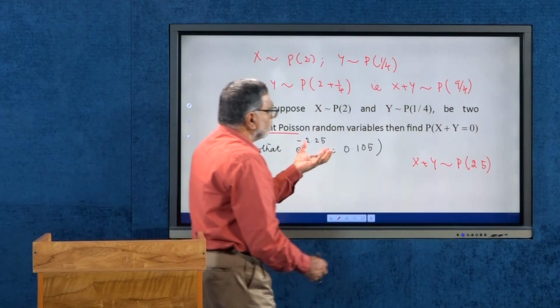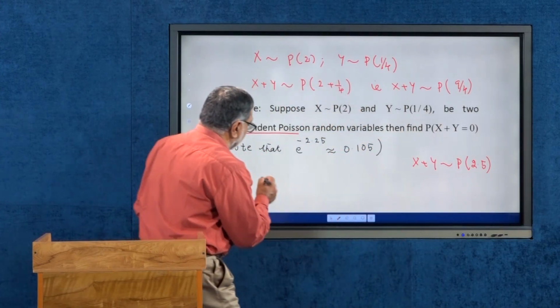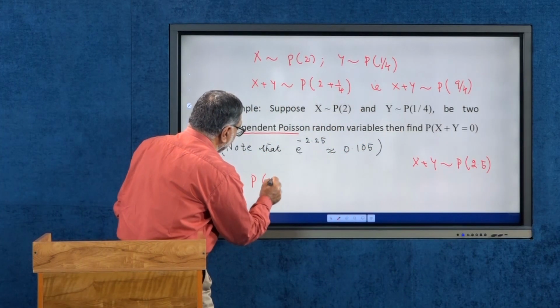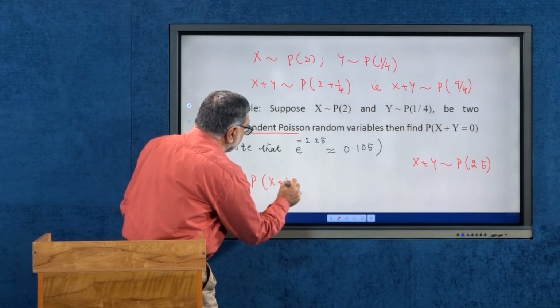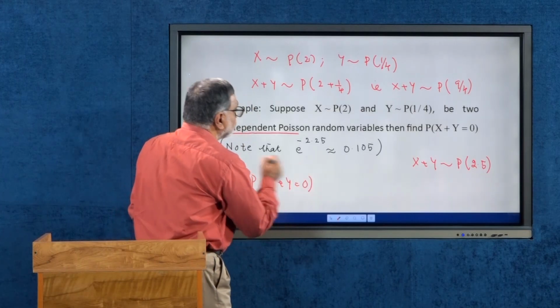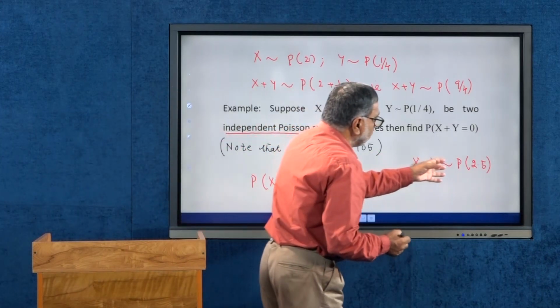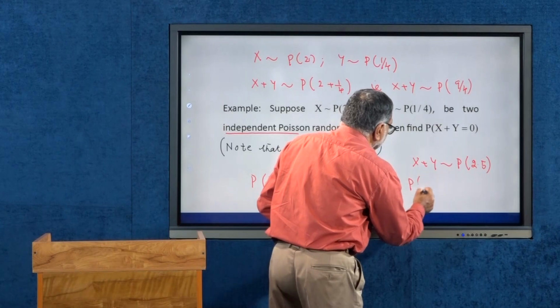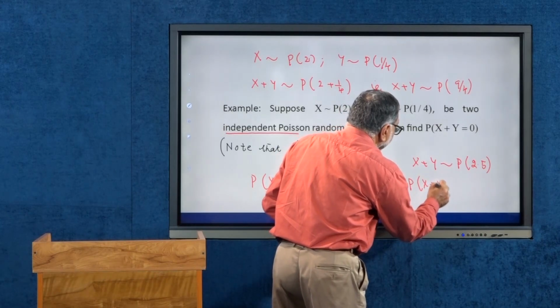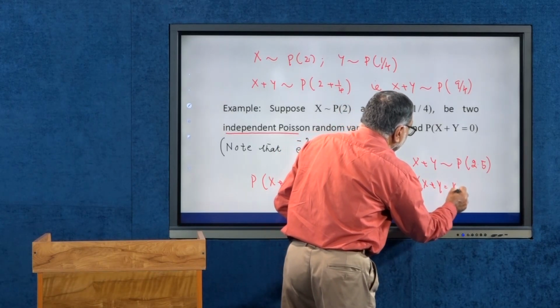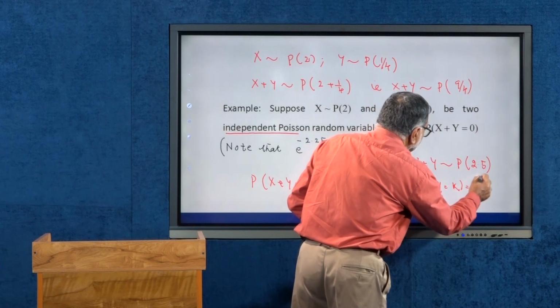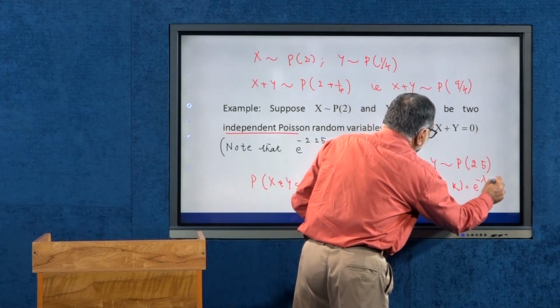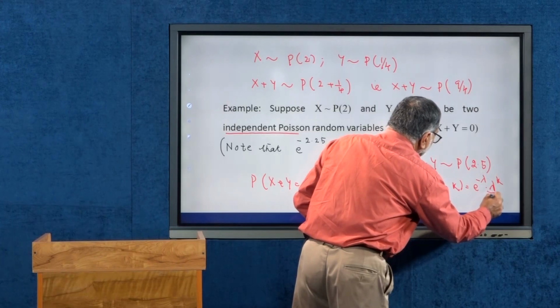And the question is, what is the probability of x plus y is equal to 0? If x plus y is a Poisson with the parameter 2.25, generally you can write the probability of x plus y is equal to some k as e power minus lambda times lambda power k divided by k factorial.